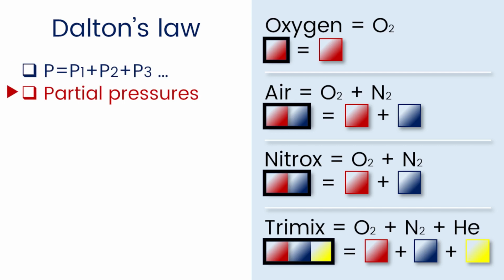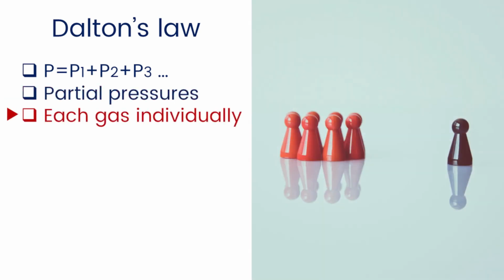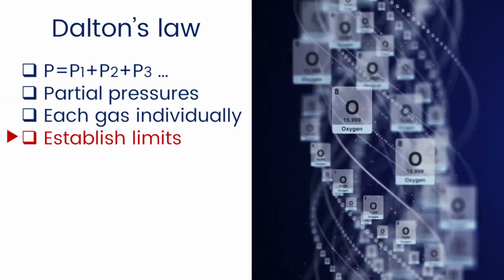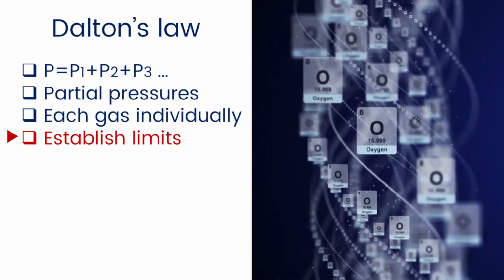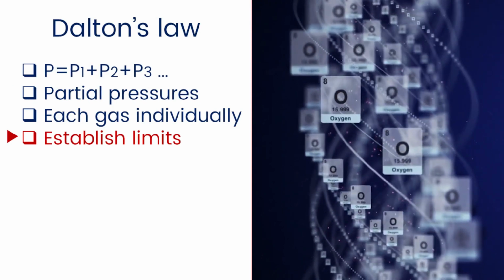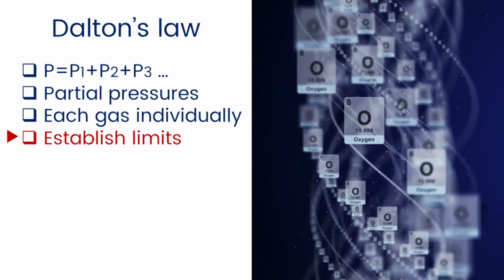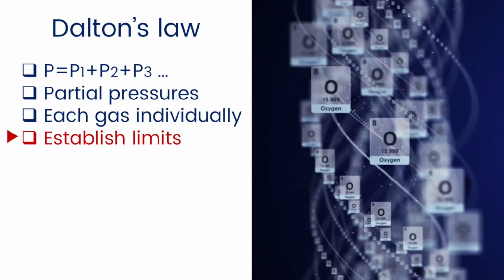Each single pressure is called partial pressure, and the law is often called the law of the partial pressures. Thanks to Dalton's law, each gas can be considered individually, establishing the depth limit according to its characteristic to prevent toxicity and narcosis, as well as to regulate the absorption and release of inert gases.